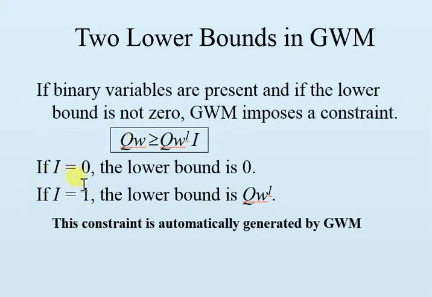If, on the other hand, the binary variable is 1, QW is some value greater than 0, then the constraint is activated and QW must be greater than QW super L, the lower bound. So there we have both of those lower bounds present depending on the value of QW and the associated value of the binary variable.